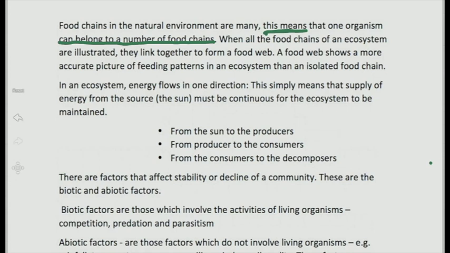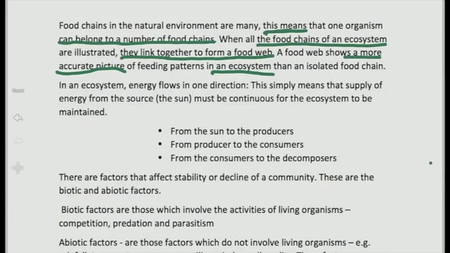So when all the food chains in an ecosystem are illustrated, they link together to form what we call a food web. A food web shows a more accurate picture of these feeding patterns in an ecosystem than an isolated food chain.